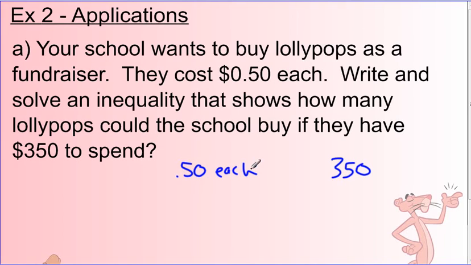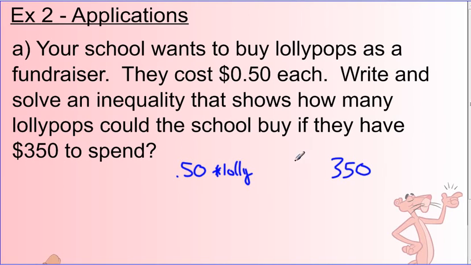So 50 cents times each lollipop. Can this amount be more than 350, less than 350, equal to 350? This is going to help us get our inequality. Well, if you have $350 to spend, you don't want to spend more than that.